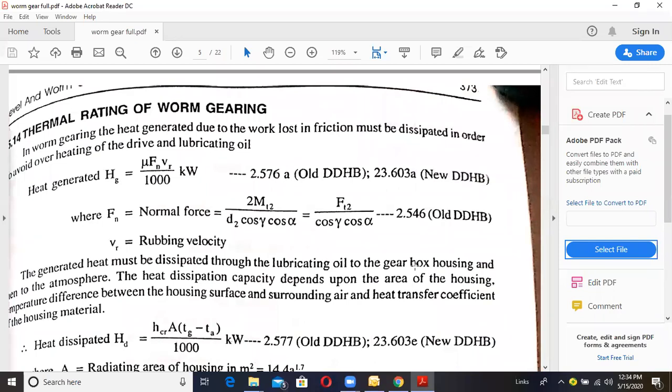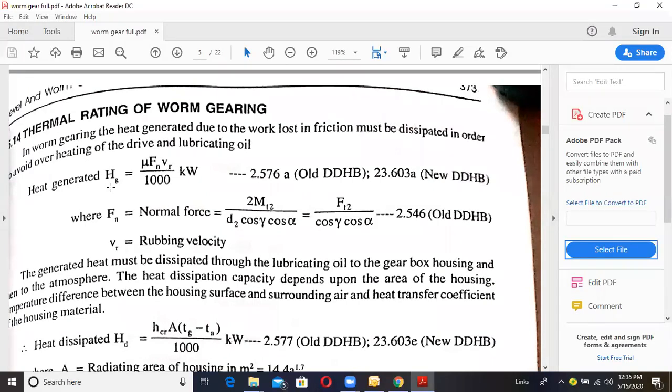So the heat dissipation capacity depends upon the area of the housing, the temperature difference between the housing surface and surrounding air, and the heat transfer coefficient. Based upon these three things, the heat dissipated will depend. First we will see heat generated.